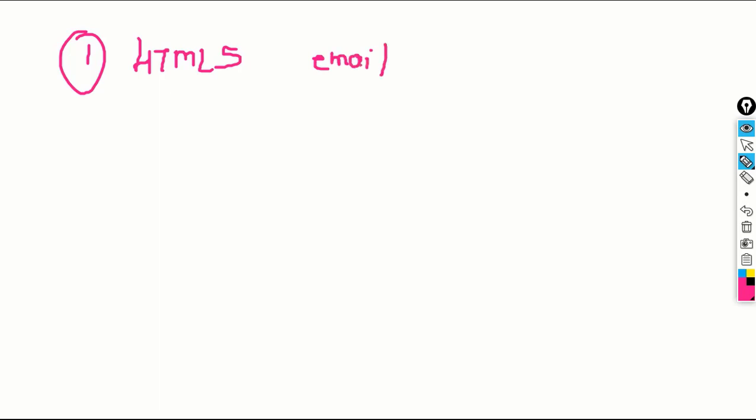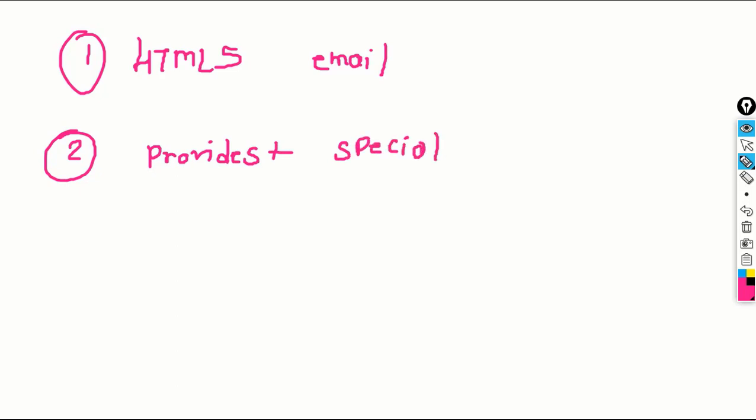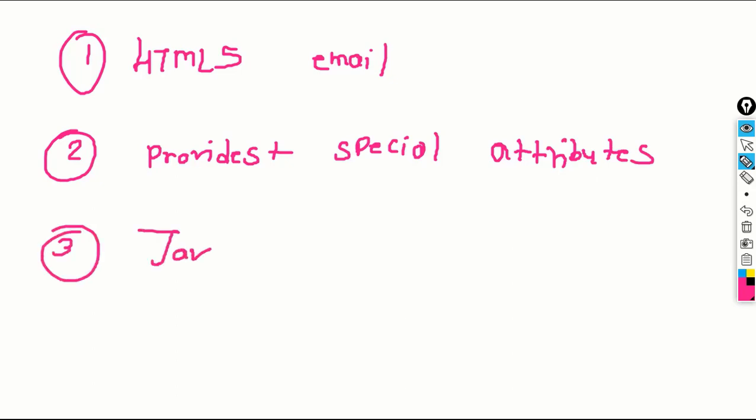Second one is, HTML5 provides special attributes for validation purposes. And third point is, with the help of JavaScript we can implement validation constraints.